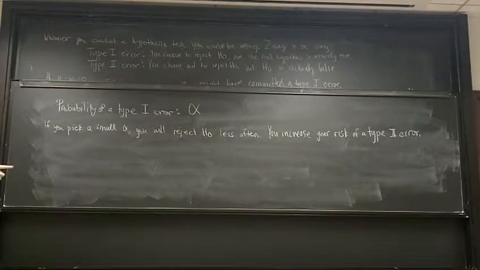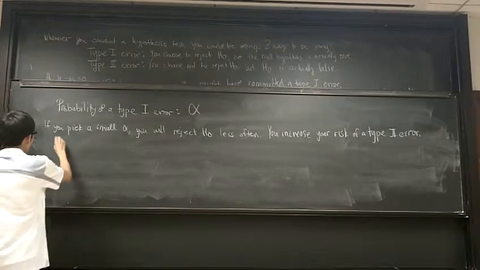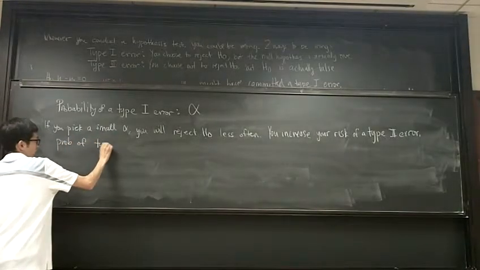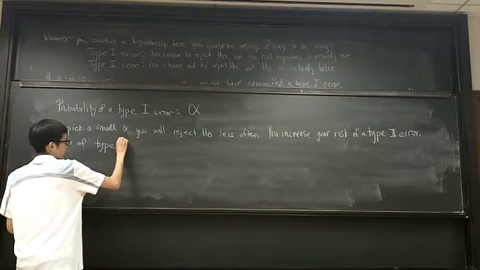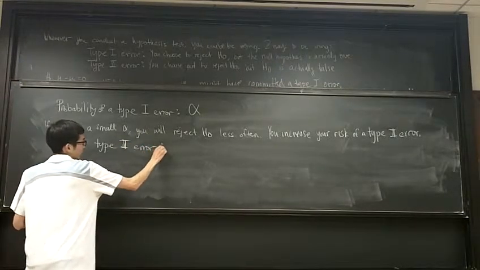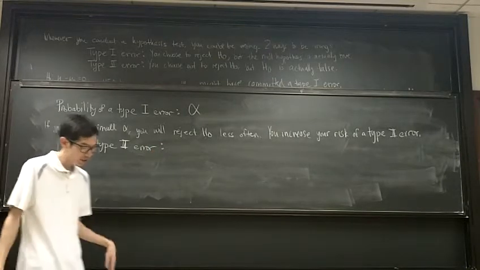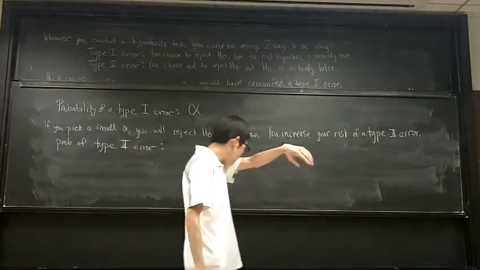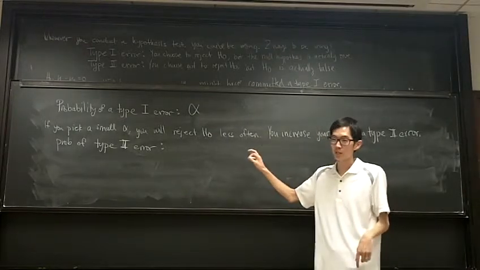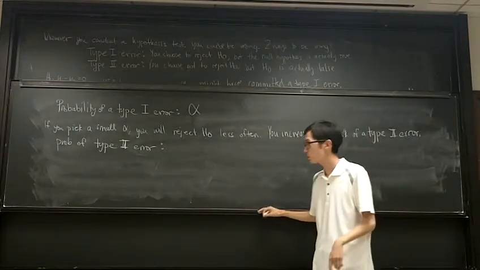You increase your risk of a type 2 error, and the probability of a type 2 error involves some calculations. We're not going to worry about calculating this quantity, okay?